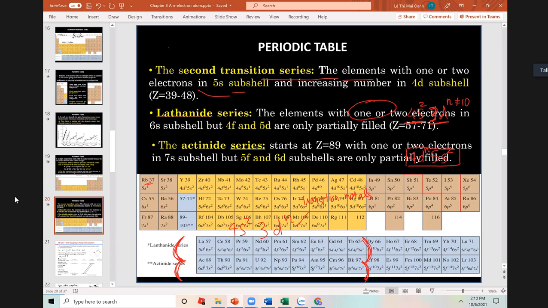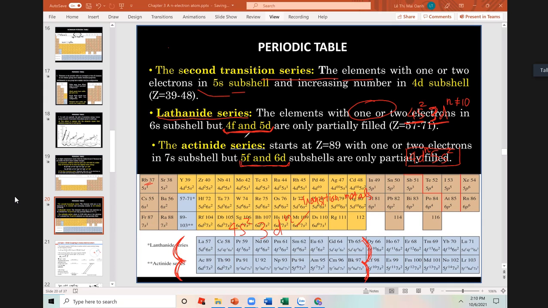A series of transition elements, for example the lanthanide area here, and you can see that it occurs with 4f and 5d, and the actinide series is 5f and 6d.